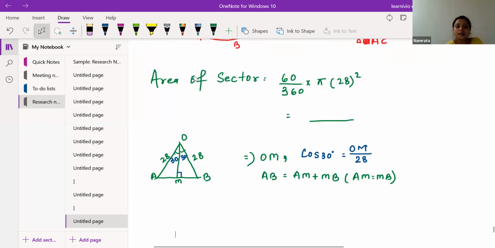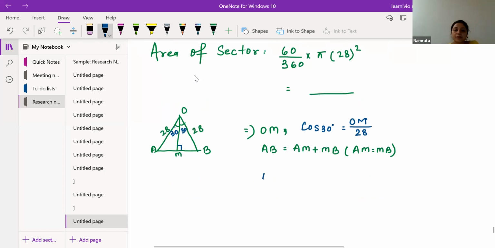And to find AM or MB, can we use sine 30 is equal to AM divided by the height?